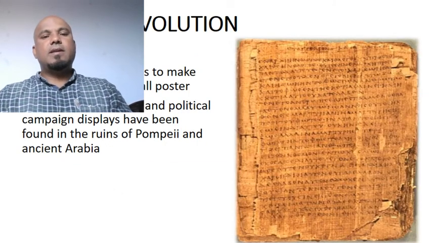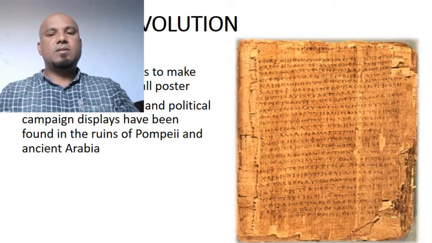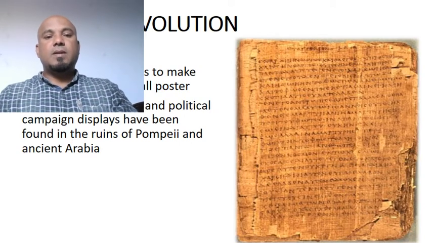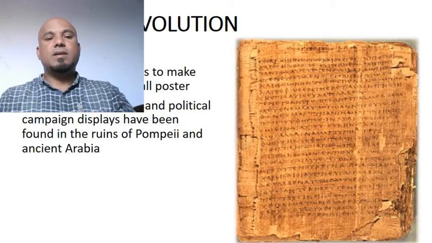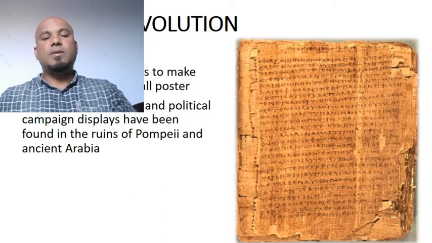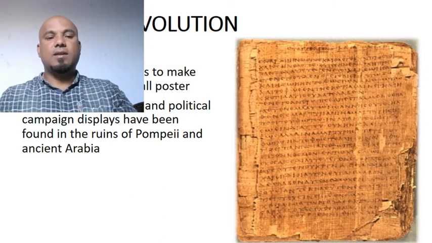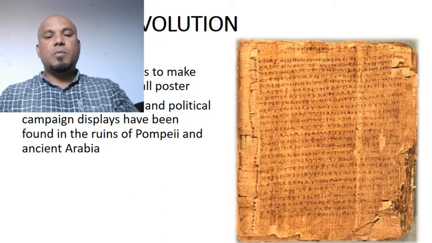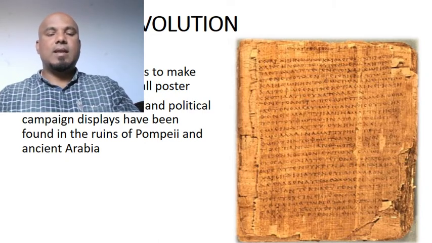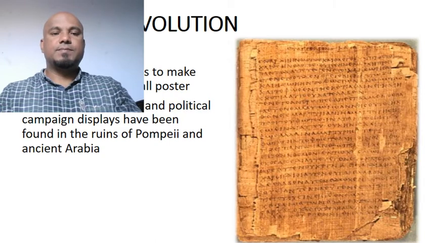Let me see the history and evolution of advertisement. When was the first advertisement done? The Egyptians used papyrus to make sales messages and wall posters for the first time. Commercial messages and political campaigns were also found displayed in the ruins of Pompeii and the ancient Arab countries.